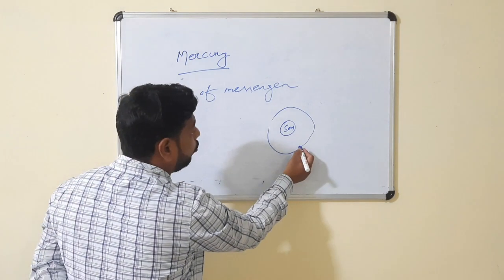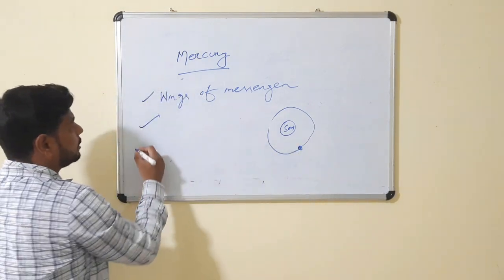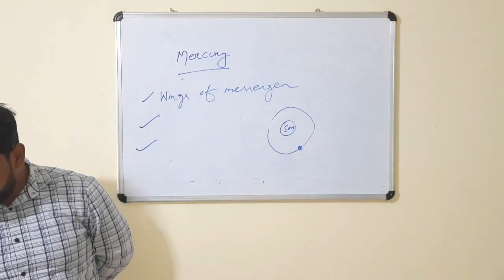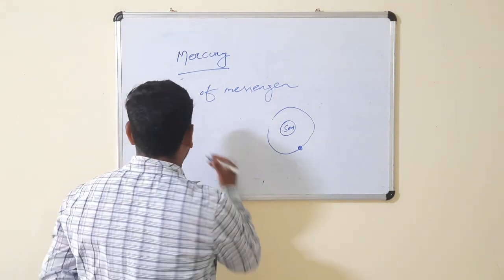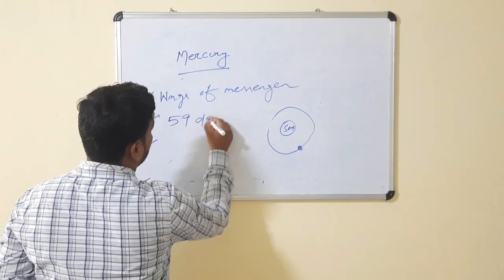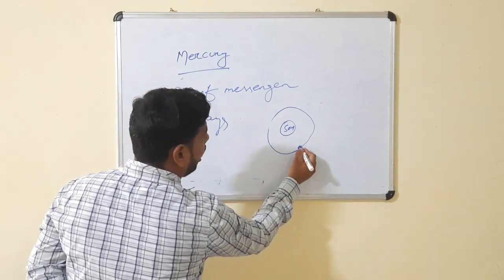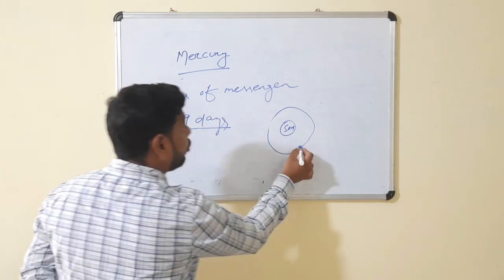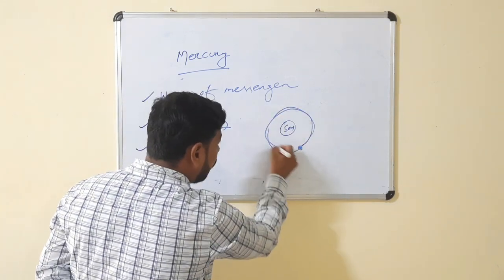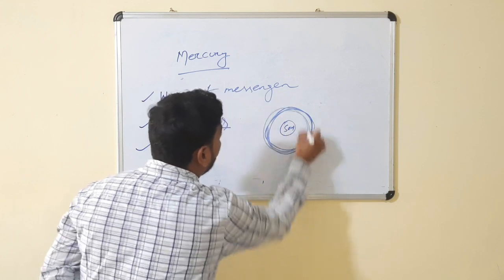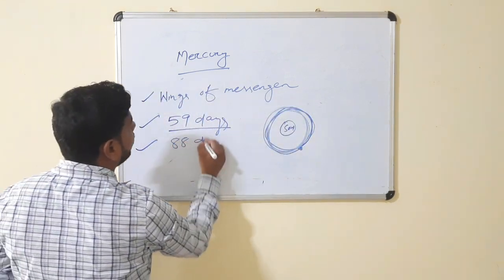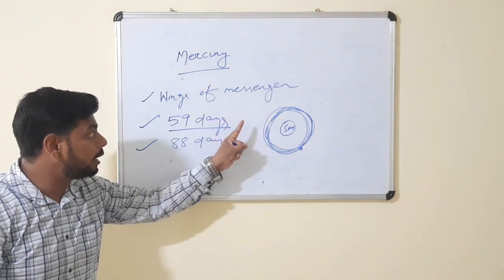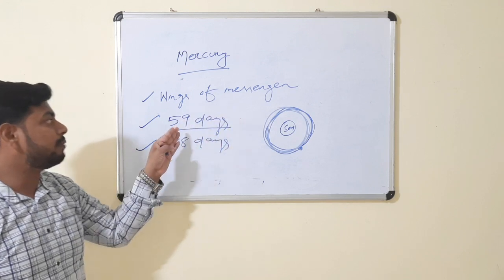In order to complete one rotation around its own axis, Mercury takes 59 days.